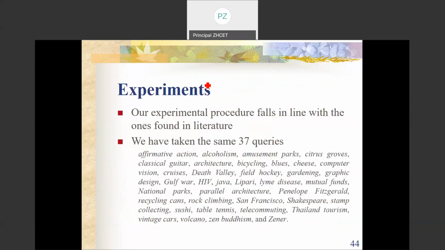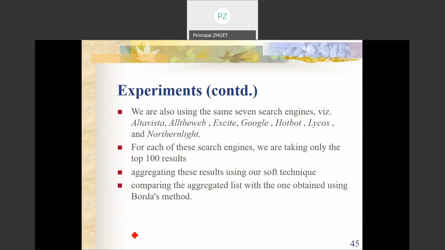Okay. Now we did experimentation for all these techniques, and the experimentation procedure falls in line with the ones found in literature. We have taken the same 37 queries that people had been using in the past. We are also using the same 7 search engines: AltaVista, All the Web, Excite, Google, Hotbot, Lycos, and Northern Light.